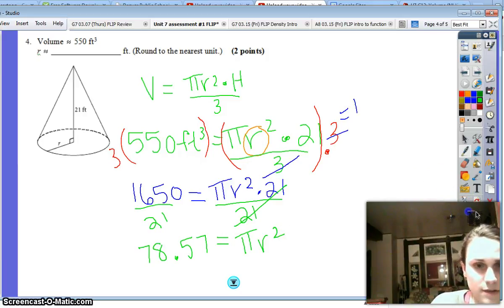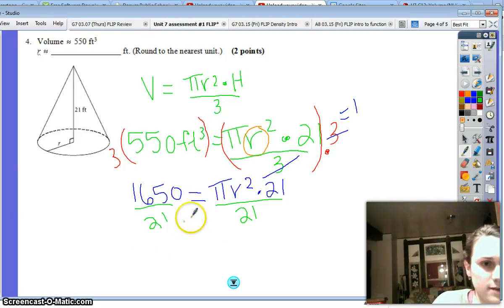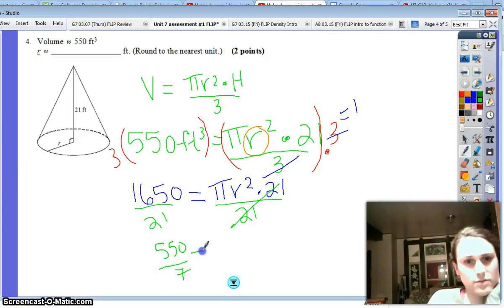Actually, something that I could have done, and I'm going to go back, instead of writing 1,650 divided by 21 as a decimal, I'm going to keep it in fraction form. This fraction reduces to 550 divided by 7. Why am I doing this? I want to find the exact answer for this problem. I don't want to have to do any rounding with decimals. I'll leave it like that, okay?